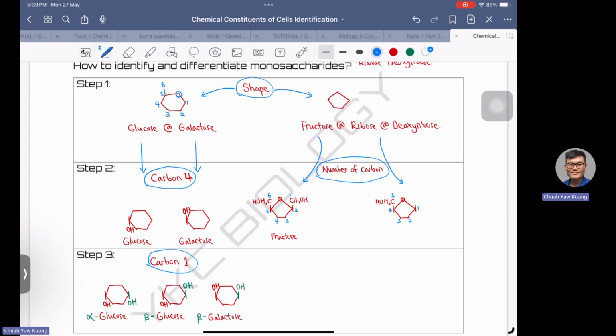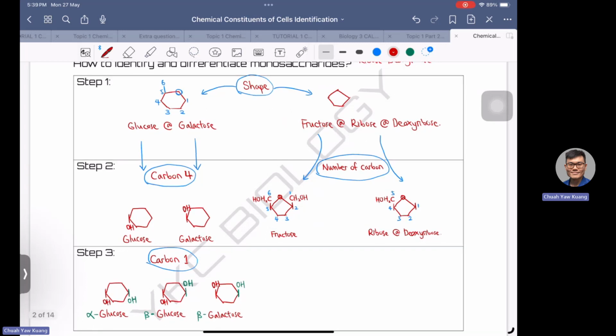So there's only 5 carbon. If you find that the pentagon only got 5 carbon, then it means that it is either a ribose or deoxyribose. Okay, so that is step number 2 based on number of carbon.